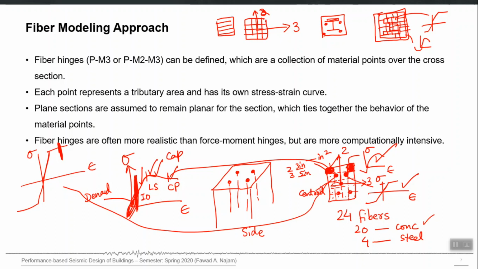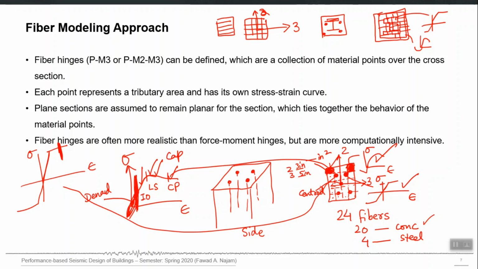It is just a spaghetti which can only be stretched or compressed without buckling, depending upon which stress strain curve you give. It will follow its stress strain curve in tension and compression, but that will be uniaxial, right. So fiber modeling can only handle axial flexural nonlinearity. It cannot handle shear nonlinearity. For that you require a shear hinge separately, right.